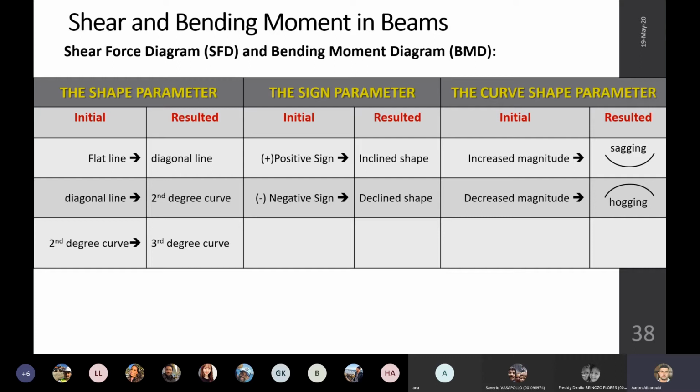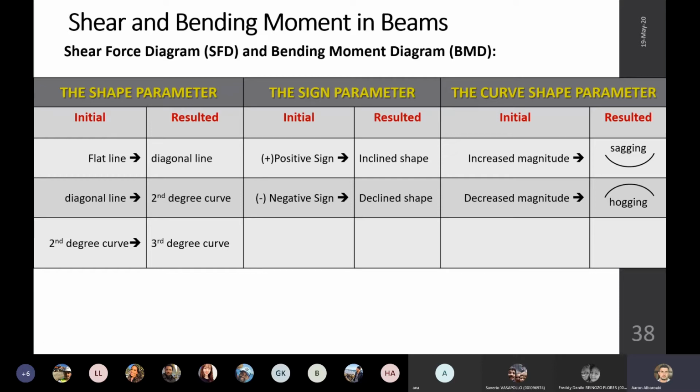But now the next level after that, and all of those cases are a bit more complicated. Regardless of whether it is a free body diagram or shear force diagram, it doesn't matter if we are trying to draw a shear force diagram or bending moment diagram from the free body diagram or the shear force diagram, we have the same set of rules. The first question I want you to ask yourself is the shape parameter.